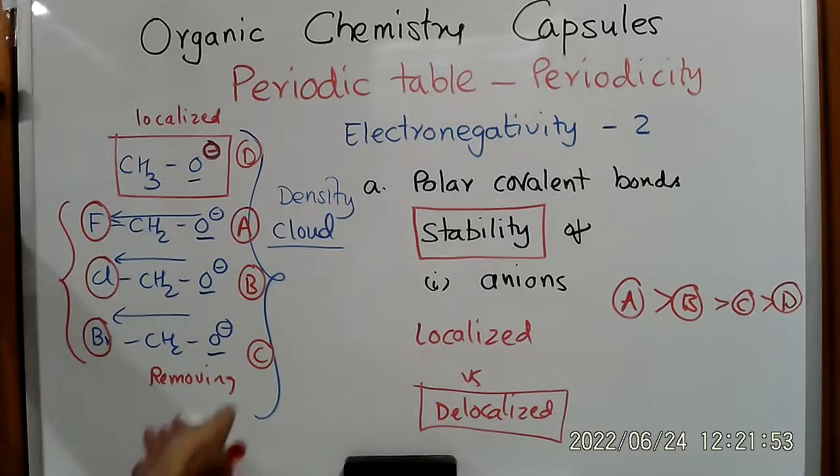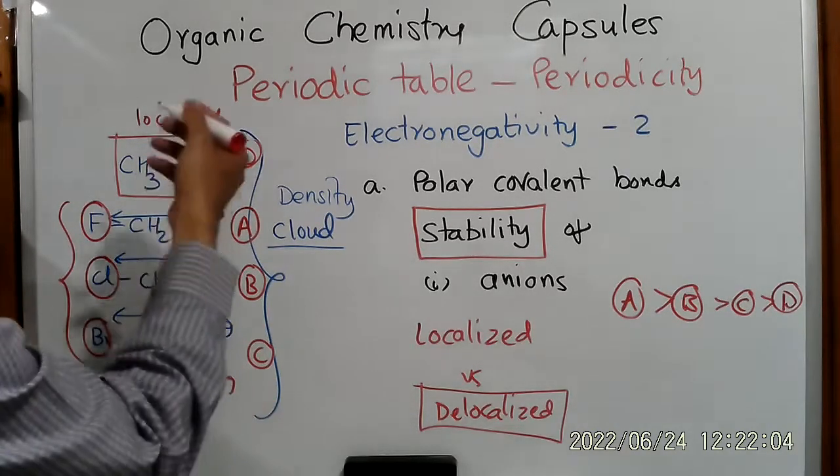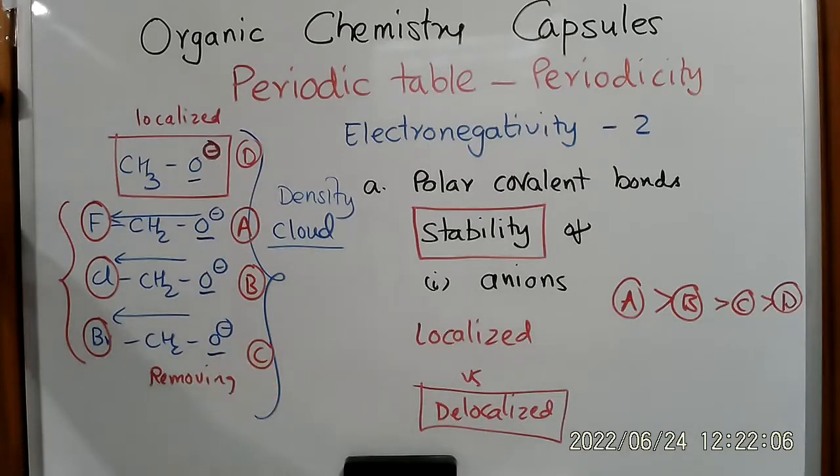In the two examples that we have seen here, that fundamental concept is electronegativity, and how we use it to explain the stability of these ions.